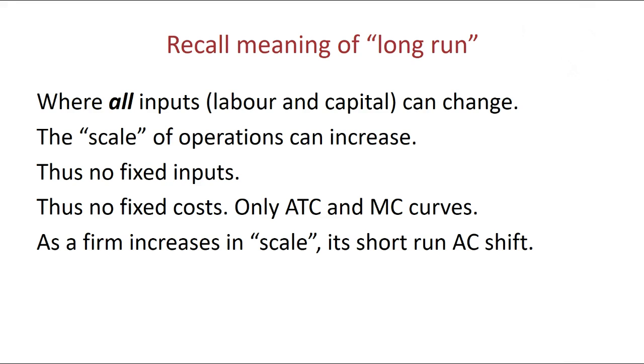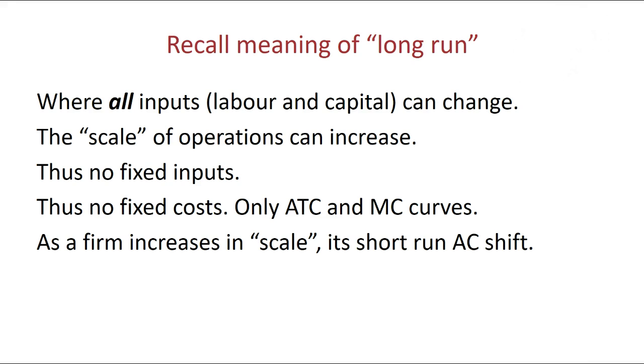Now, since all of the inputs are variable, there are no fixed inputs and therefore no fixed costs. So when we talk about the cost curves in the long run, we don't have any fixed cost curves. There is just the average total cost curve, and we can add in a marginal cost curve if we like.